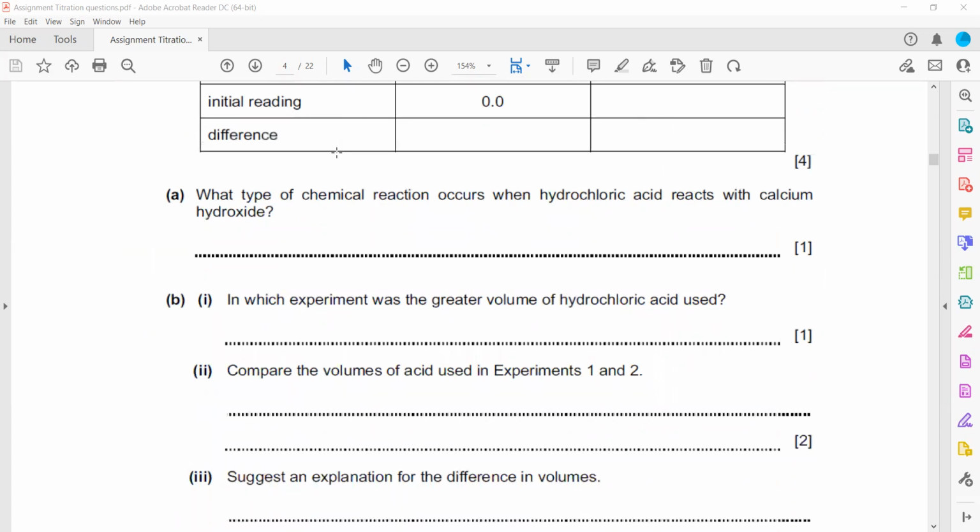What type of chemical reaction occurs when hydrochloric acid reacts with calcium hydroxide? When acid reacts with an alkali, that is called neutralization. The color in practical does not depend on the amount of acid added.